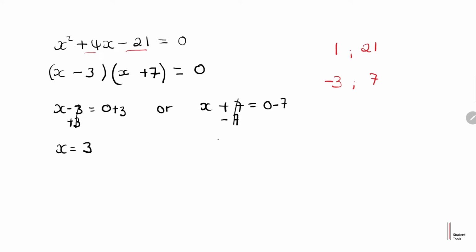This will be a 0. x will be equal to 0 minus 7, that is negative 7. So when we solve for x, x is equal to 3, or x is equal to negative 7. And that is just how we solve for x in 1.1.1.